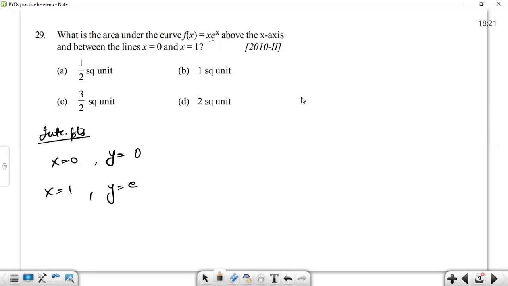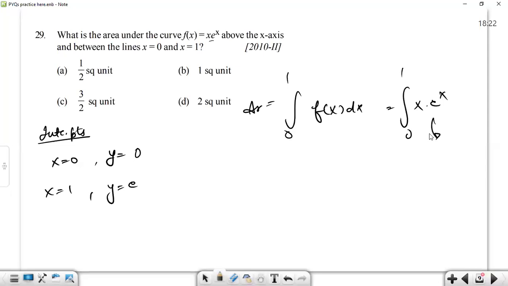So we can take the integration of f(x) with respect to x as the variable, from 0 to 1, and this should give us the area bounded. Now moving ahead, the integration will go like this. This integration will be solved by the integration by parts formula, which is ILATE. In this, x is the algebraic function.